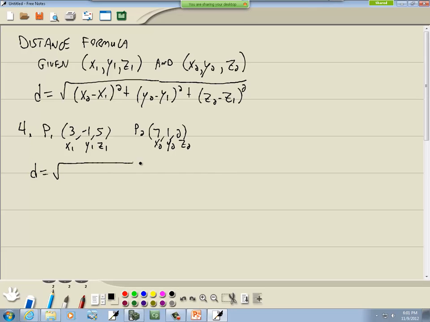So for our distance, we have x2 minus x1, so 7 minus 3 squared, plus y2, 1 minus -1 squared, plus 2 minus 5 squared. 7 minus 3 is 4, so we got 4 squared, plus a negative becomes positive, so we got 1 plus 1, which is 2 squared.